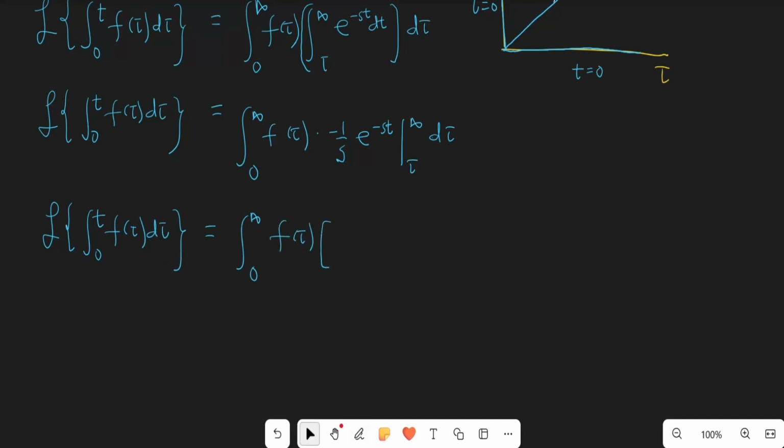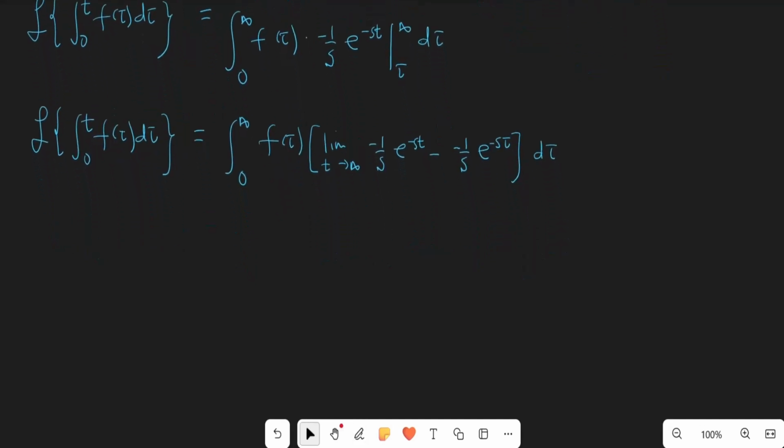Now if we take the limits of integration, we have the limit as t goes to infinity of this negative 1 over s e to the negative st, and then minus, if you plug in tau, that is going to be negative 1 over s e to the negative s times tau, which is s tau, like this, and this one is multiplied by d tau. I'm just plugging in the limits of integration, nothing special. So this is the integral from 0 to infinity of f of tau, right?